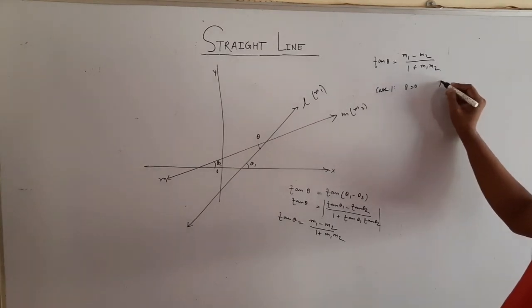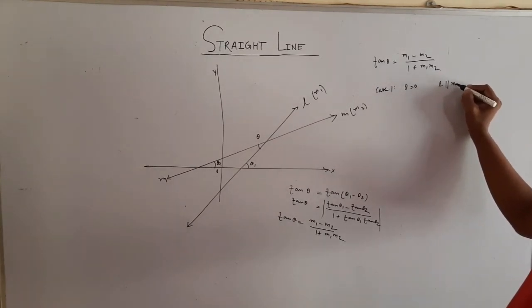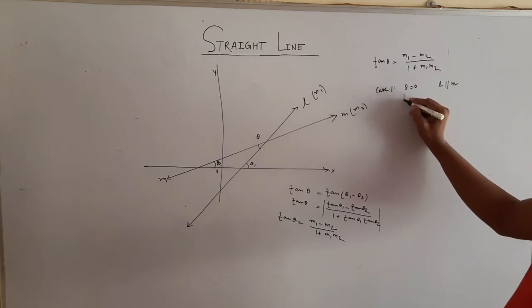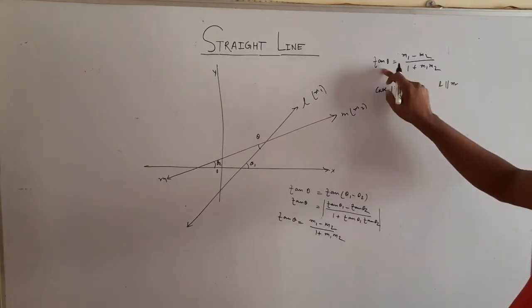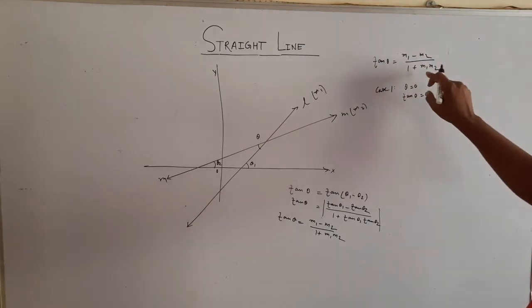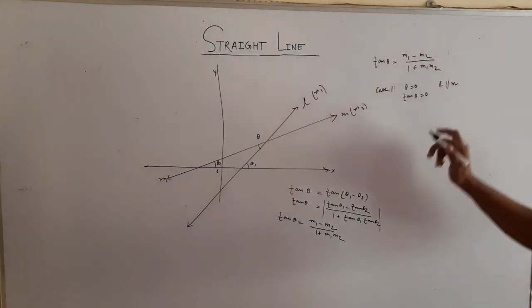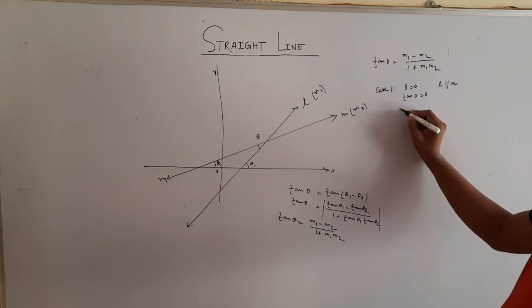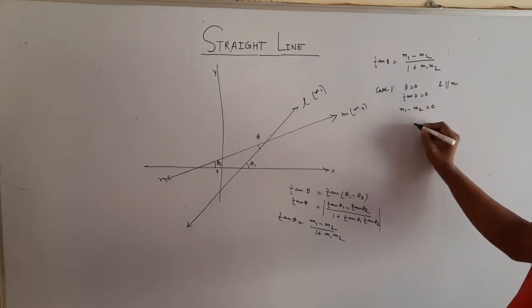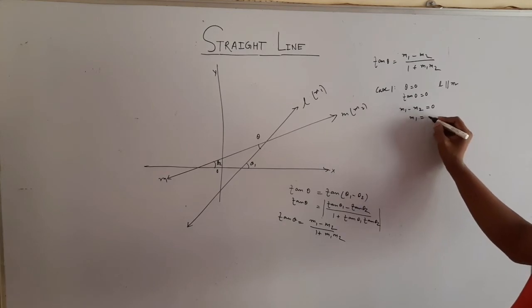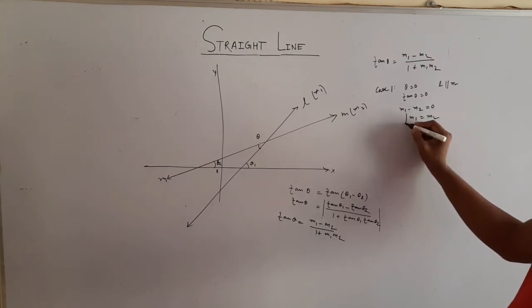And what is tan 0? Tan 0 is 0, so this will become 0. It means the denominator should be non-zero and the numerator should be 0. So we get M1 minus M2 equal to 0, and then we get M1 equal to M2.